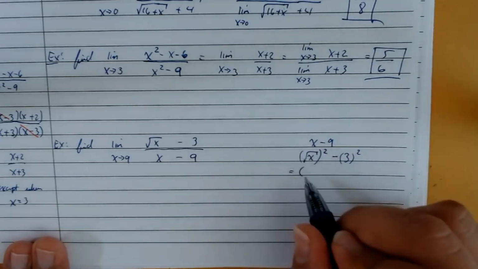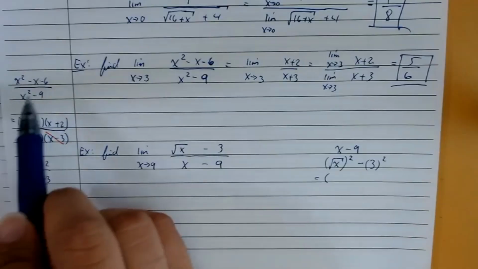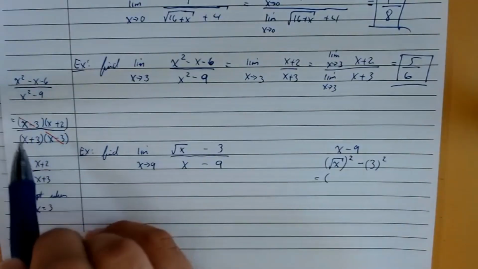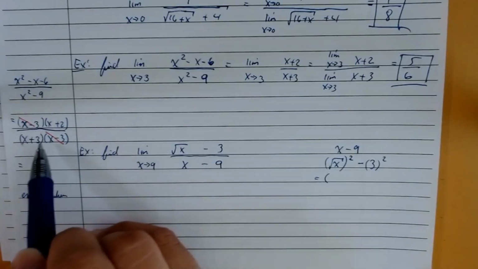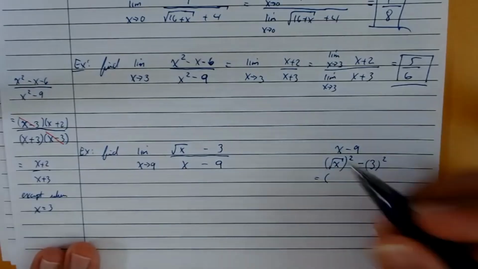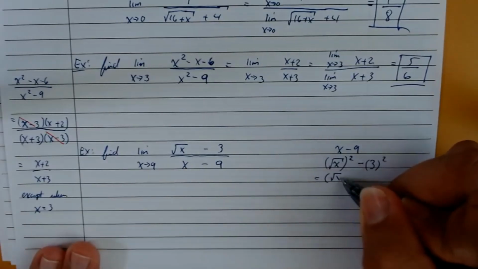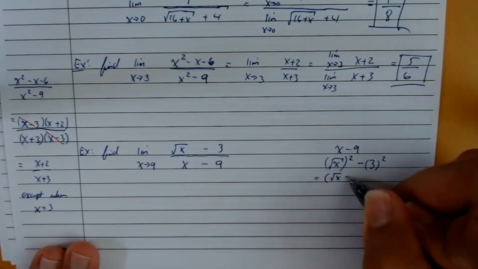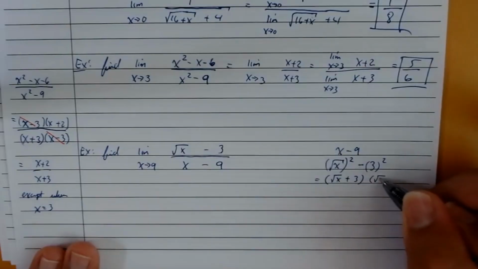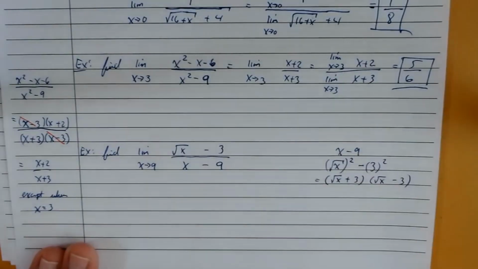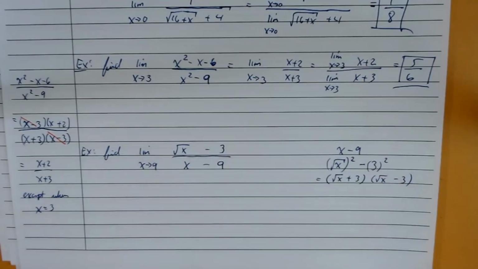So whenever I factor the difference of 2 squares, just like I did over here, what did I square to get the first one? That goes first. What do I square to get the second one? That goes last. One's got a plus, one's got a minus. So this would be the square root of x plus my 3, and that will be the square root of x minus my 3. Isn't that weird?